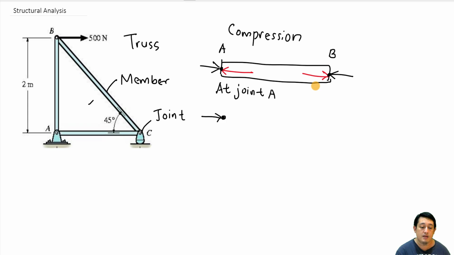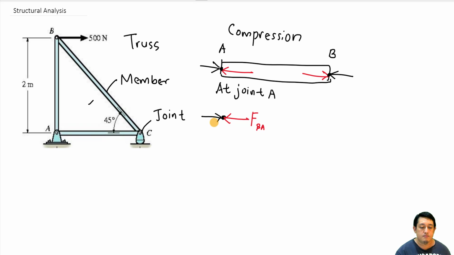This is the free body diagram at joint A, and then we will have the reaction force created by this member. We label it as F B to A. Why do I put B to A? Because the direction is from B to A.